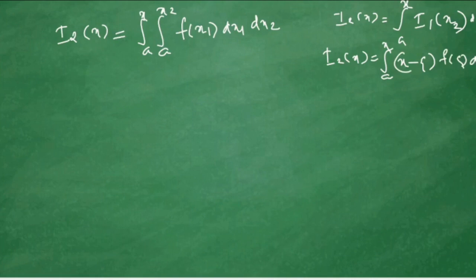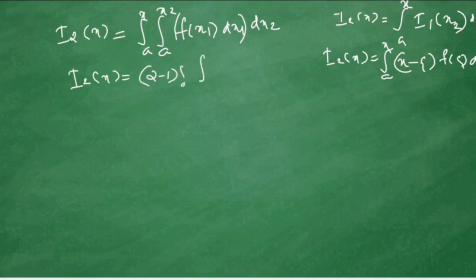So we have obtained I2 of x equal to integral a to x integral a to x2 f of x1 dx1 dx2, or this is equal to 2 minus 1 factorial into integral a to x2 f of x1 dx1 dx2.